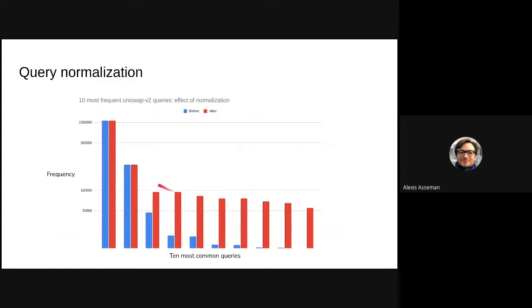You can see that the buckets are getting smaller pretty quickly. And after normalization, we get much larger buckets. We can bucket way more queries together that look different, but are actually the same, right? That's pretty important, because when they get executed, it's the same thing. So it does work. It makes a huge difference.